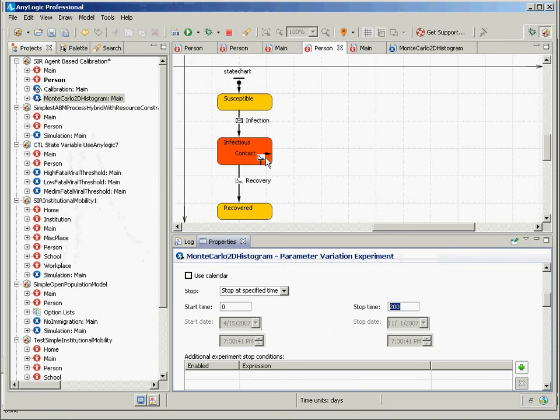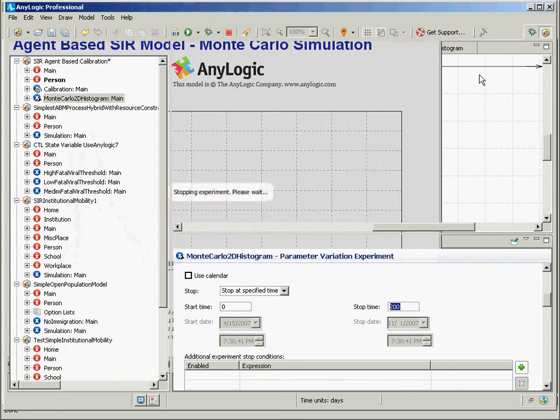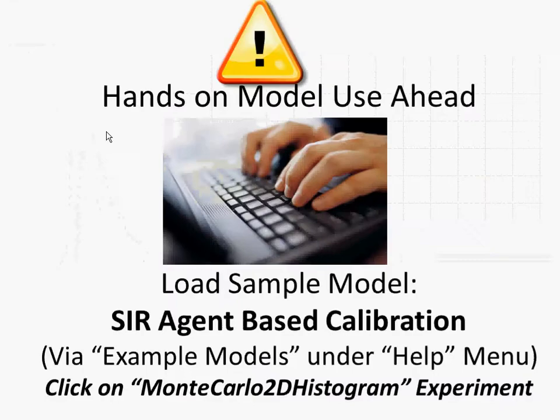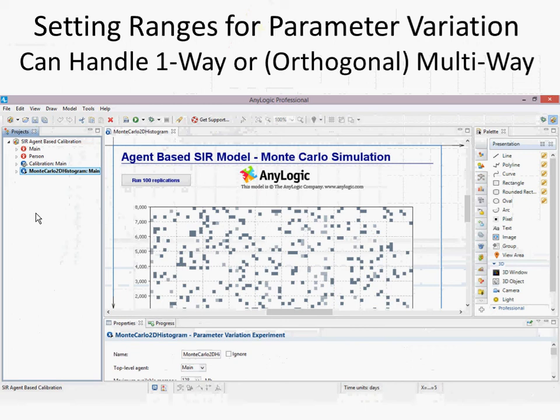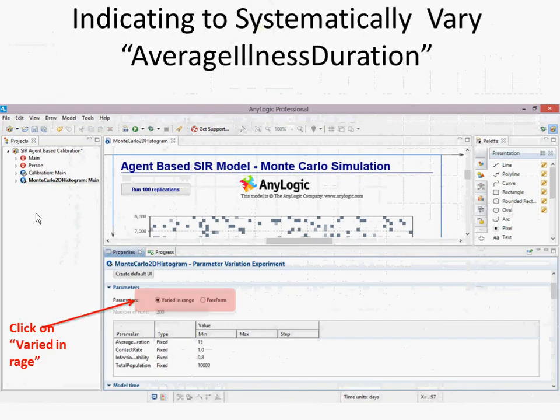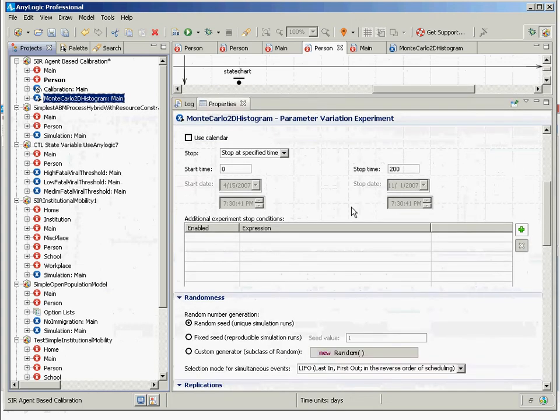Okay, so let's take that same situation, and we're going to vary the particular parameters. Within experiments, as we've seen before, we can vary parameter values. So I'd like you to select this experiment, and go now up to this area that says parameters.